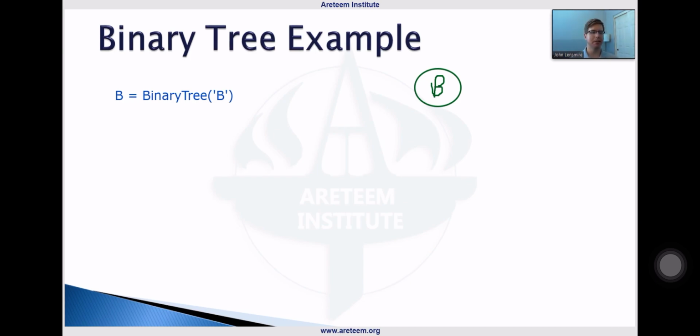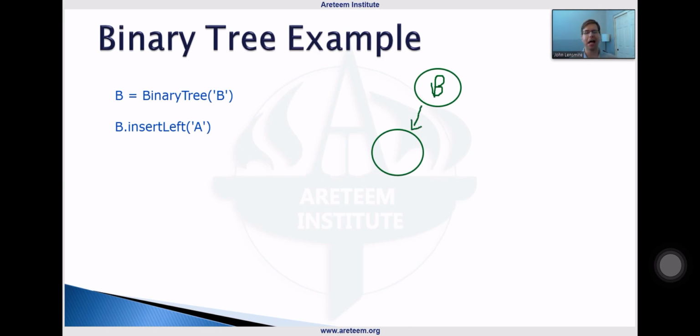Then, for example, we could build up the tree from here. What if we call b.insert left and put the value a there? Now all of a sudden we're drawing a new node, or really a new subtree. Remember, we want to think about this as its own subtree.